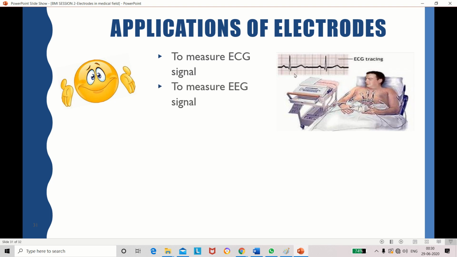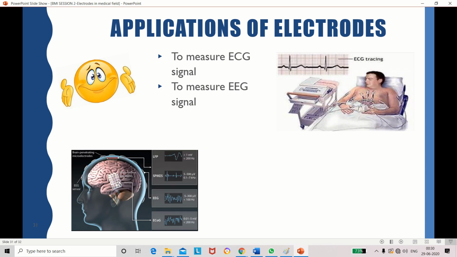Second application is that it is used to measure the EEG signal. We know that EEG means electroencephalography. It is used to identify the condition of the brain. See this figure? Here we are fixing the electrode on the brain, and we are getting different kinds of waveforms. These are the different characteristics of the EEG signal.